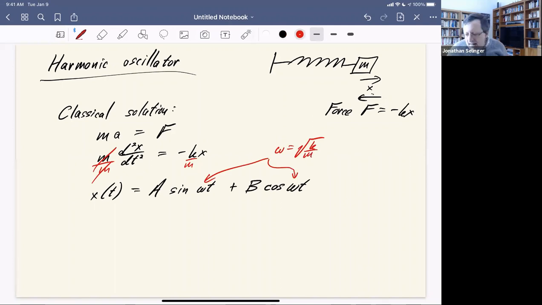So omega is fixed in this solution. A and B can be anything, and these parameters are determined by the initial conditions.